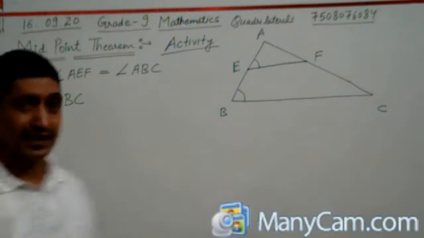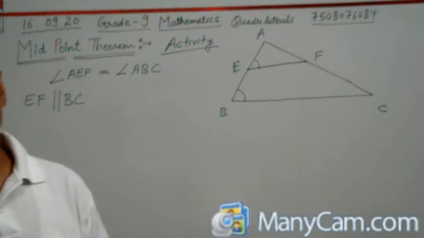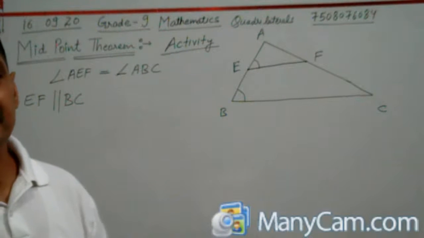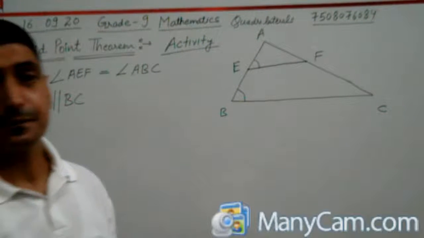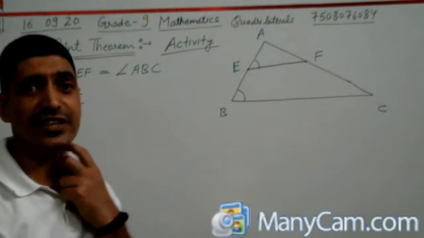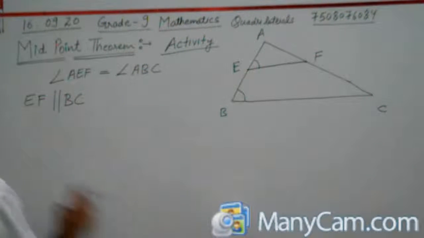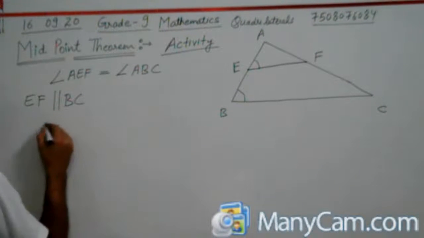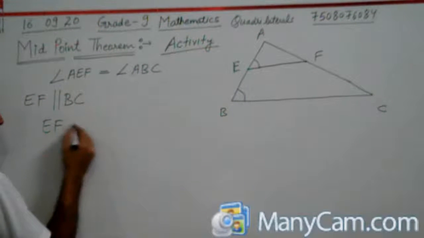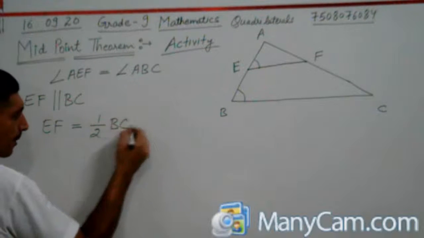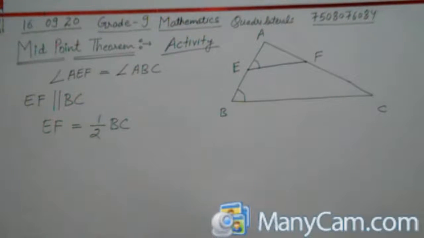You can repeat this activity. Second, you can measure the length of EF and BC. You will find that EF is always equal to half of BC.